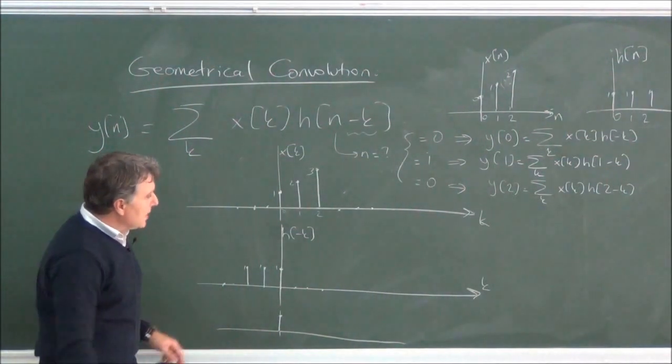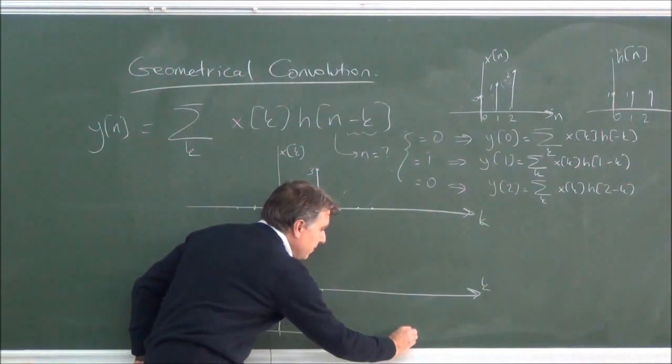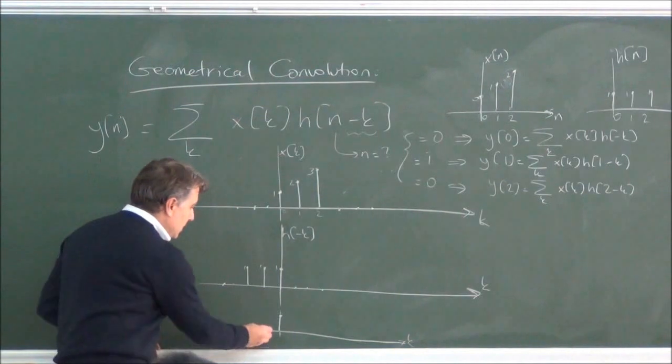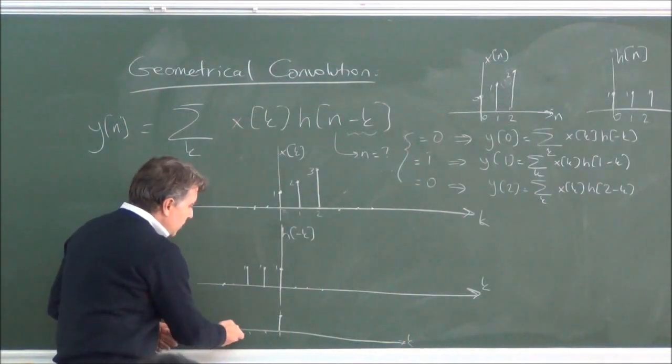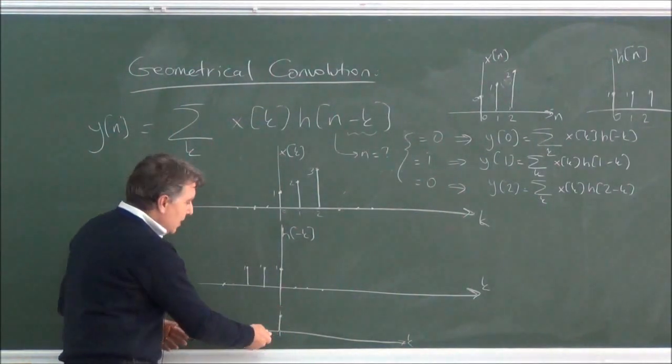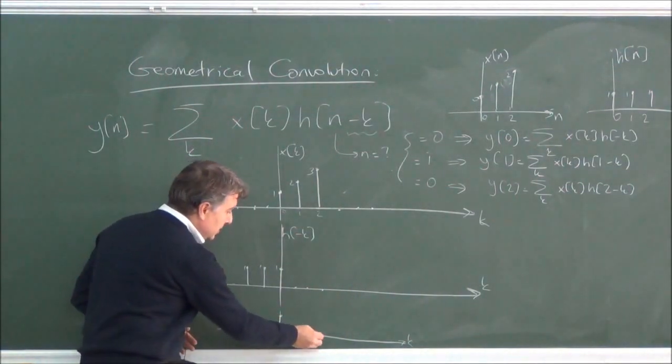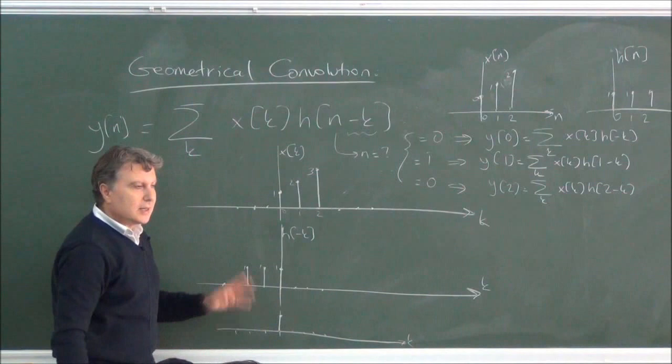Now let's sum them up. Sum the values of this multiplication for all k's. So it is 0 plus 0 plus 0 plus 1 plus 0 plus 0 plus 0 plus 0. So what is that summation?